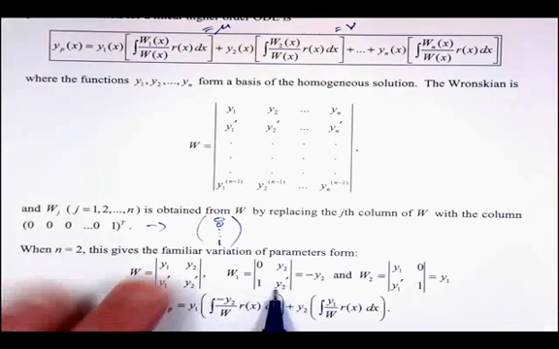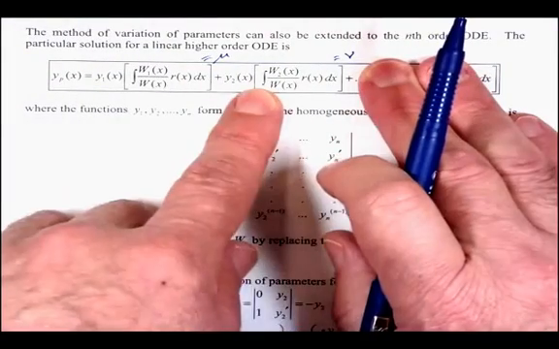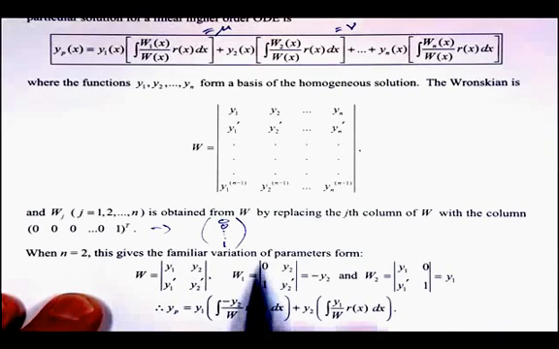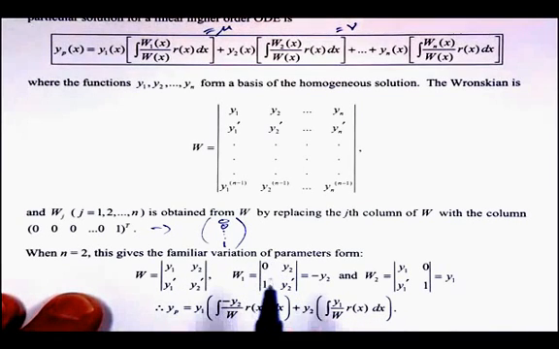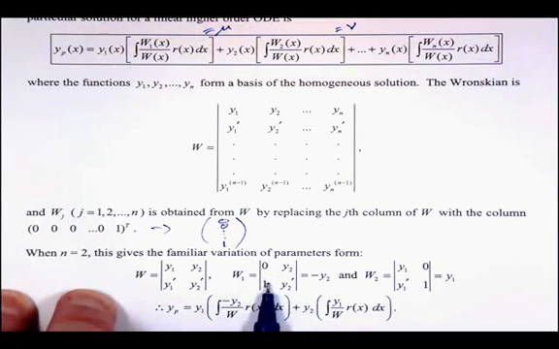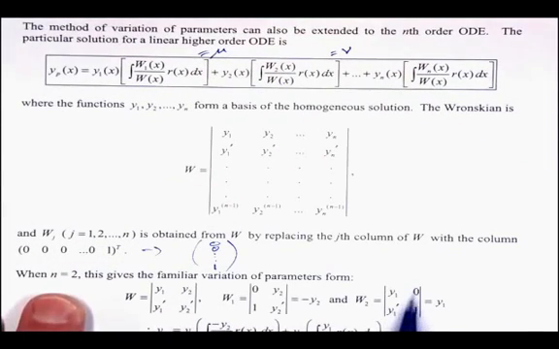But this rule is now saying that we would only have those first two terms there. W1 is the Wronskian, except the first column is replaced by zeros all the way down, except the last one's a 1. The only thing here is that there's only one place to put a 0, and the last one's a 1. And the second W that appears there is the second column replaced with zeros all the way down except the last one's 1.